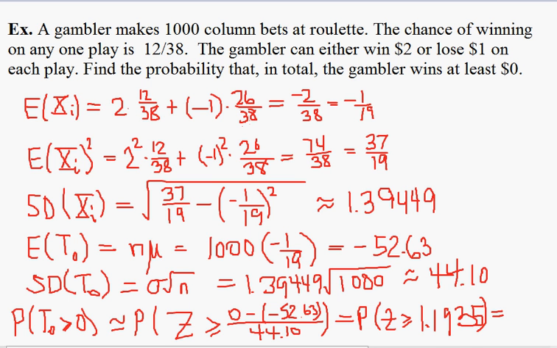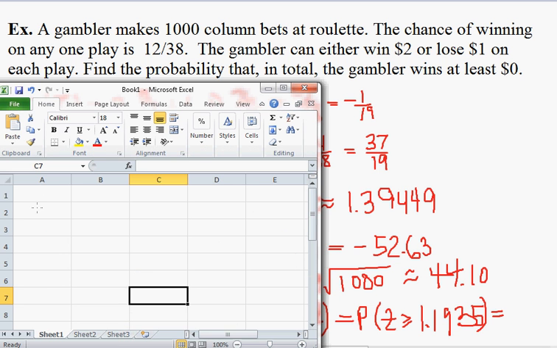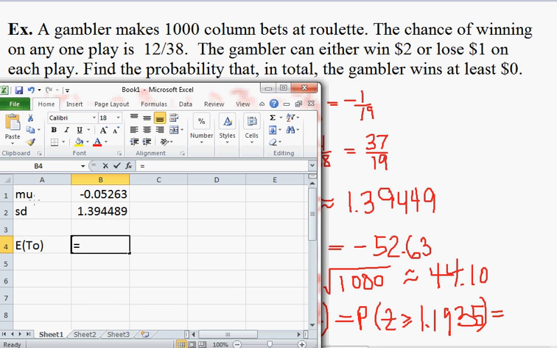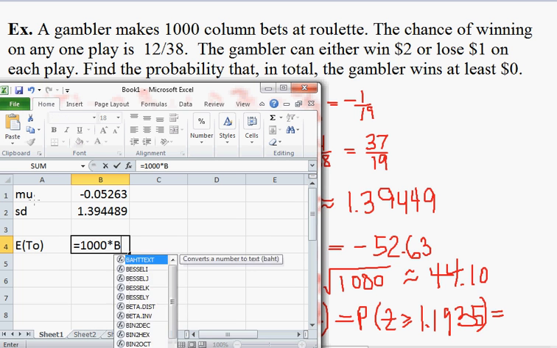Let me do this in Excel. The calculation on the calculator is approximately the same, so doing the calculations real quick. The mean was negative 1/19. The standard deviation worked out to be the square root of 37/19 minus negative 1/19 squared. So there's the standard deviation sigma. The expected sum was 1,000 times mu.